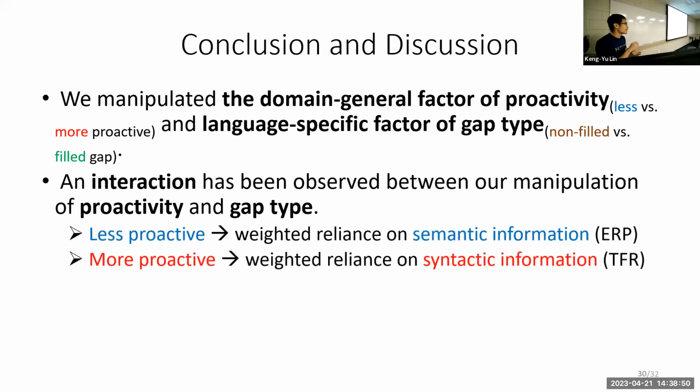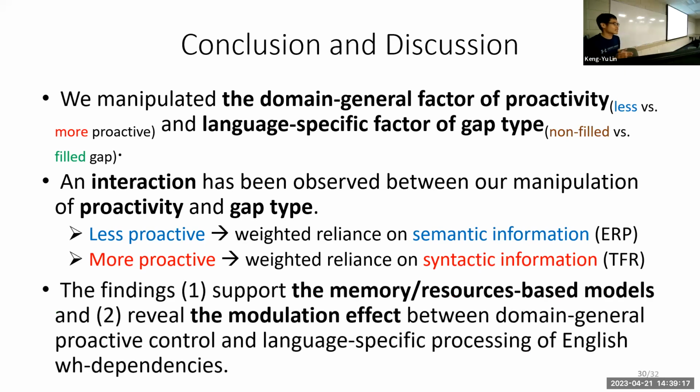Specifically, when people are biased to be less proactive, they are going to rely more on semantic information for the processing, and this is reflected by the ERP component of N400. And if people are biased to be more proactive, they're going to rely more on syntactic information for the processing, and this is reflected by the upper beta frequency band in the time frequency analysis.